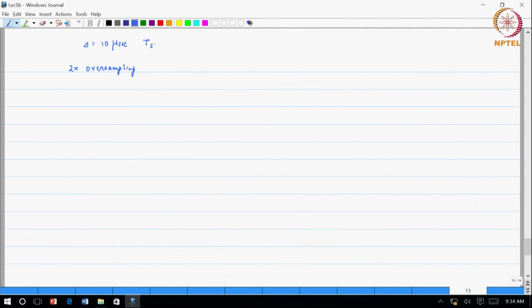My TS is 22.7 microseconds, so basically this is approximately equal to 0.44 TS. If I now do 2x oversampling, this is the original signal, with a sample spacing of TS. I know how to increase the sampling rate, so I introduce a new sampling point here at TS by 2.